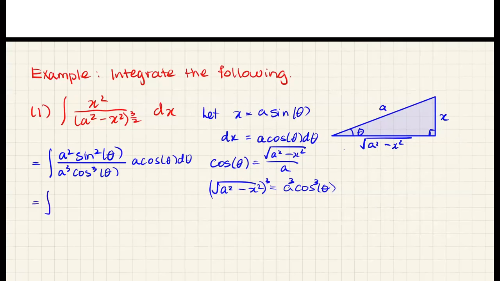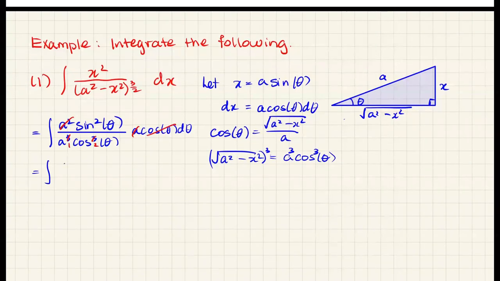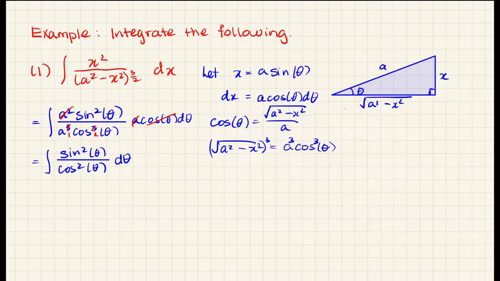So now what we have is the integral. So this cancels, we're left with 1. And this would also cancel as well. And this cos would also cancel for 1. So what we're just left with now is sine squared theta divided by cos squared theta d theta, which is just going to be our tan ratio.